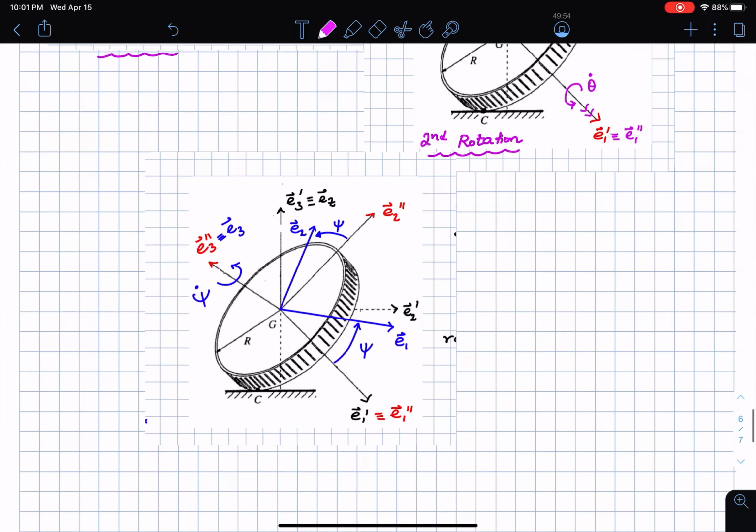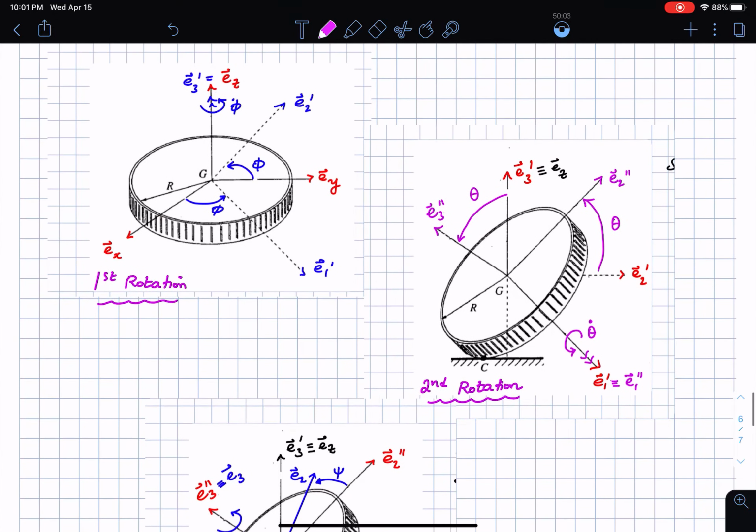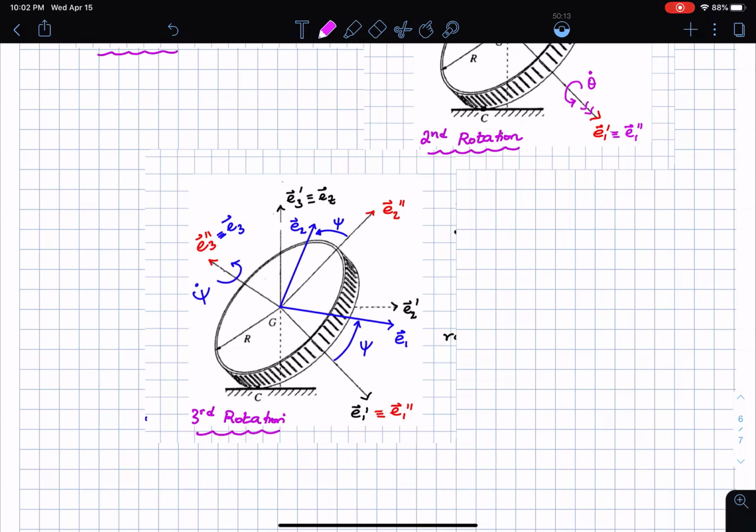This is the third rotation. In the first rotation it's about the z direction and the rate is phi dot. Second rotation the rate is theta dot about the E1 prime. The third rotation the rate is psi dot about the three direction.